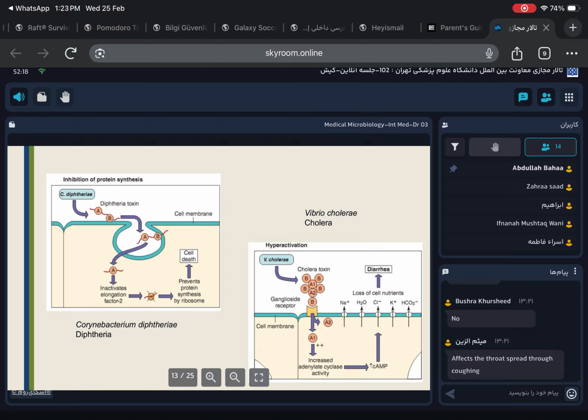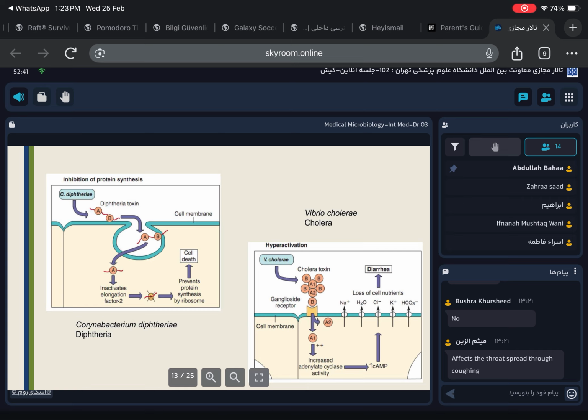So let's just start with Vibrio cholerae. We talked about this bacterium. I told you it causes cholera, and Vibrio cholerae enters into the body through ingestion, and it produces cholera toxin in the intestine. So you're seeing the cholera toxin in this image.